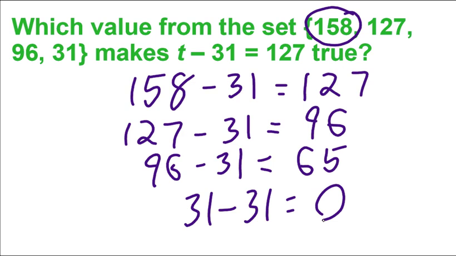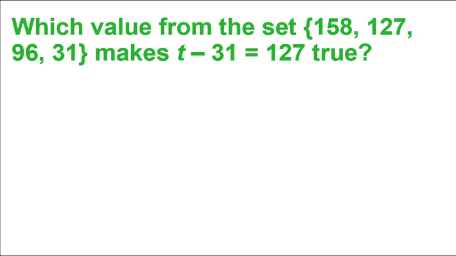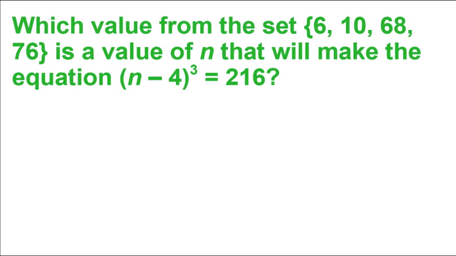So sometimes they get a little more complicated. Is that a whole lot more complicated? No, it still works the exact same way. We're still plugging in for the letter. So we would do the parentheses first. I'm going to put 6 in for n.